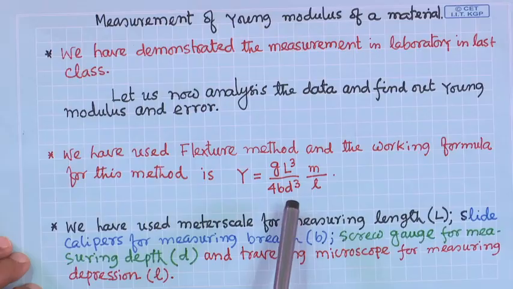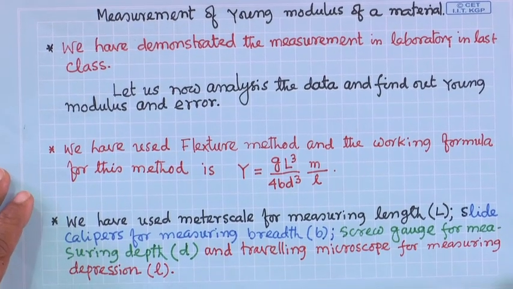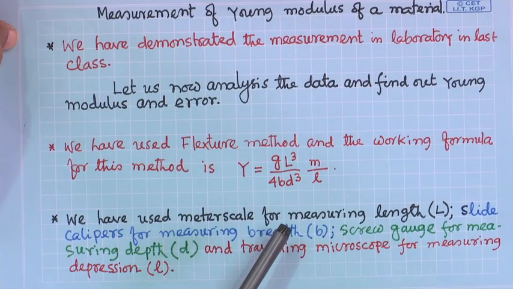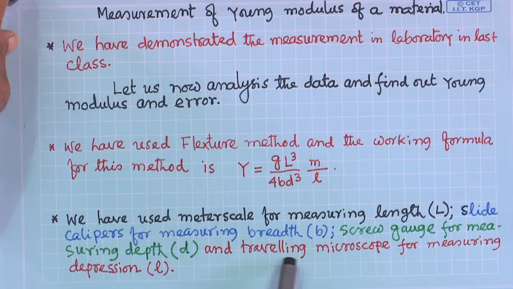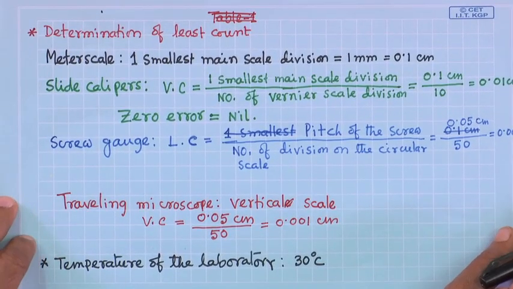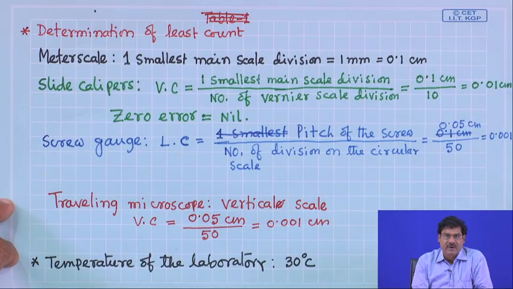We have to measure L, b, d as well as the depression l. We used a meter scale for measuring length L, slide calipers for measuring breadth b, a screw gauge for measuring depth d, and a travelling microscope for measuring depression l. How to use the travelling microscope, I showed in the laboratory.